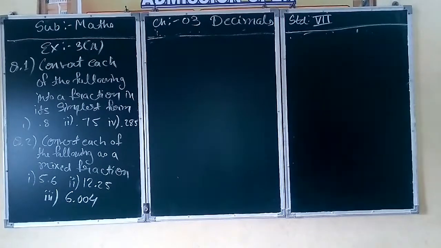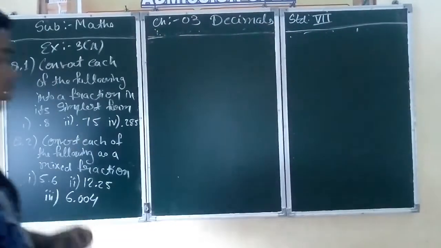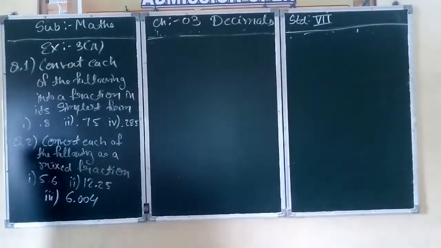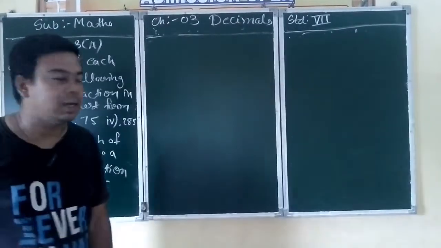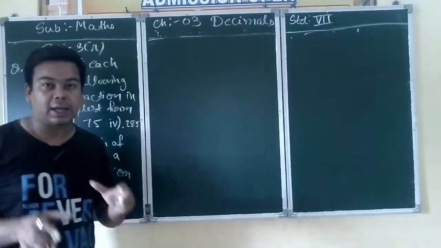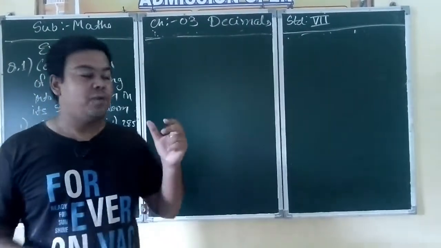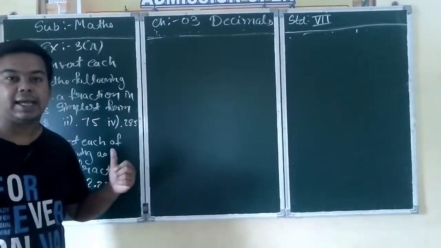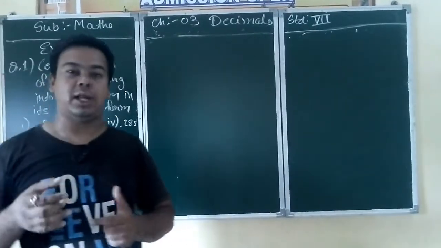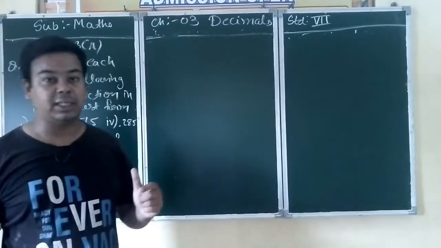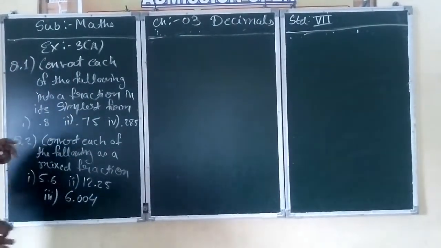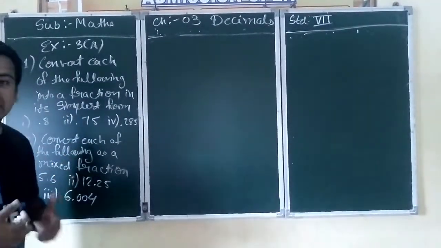Now we move to the exercise 3A, the exercise of this chapter. Before starting the chapter, the first two exercises recall our previous knowledge. Exercises 3A and 3B cover conversion and comparison of decimal numbers.